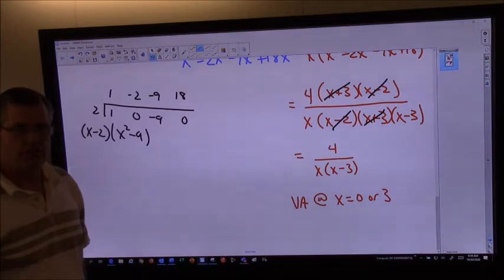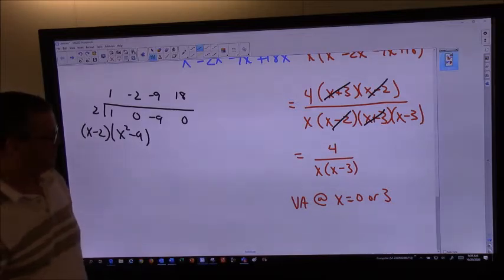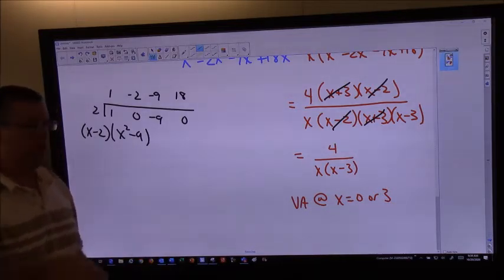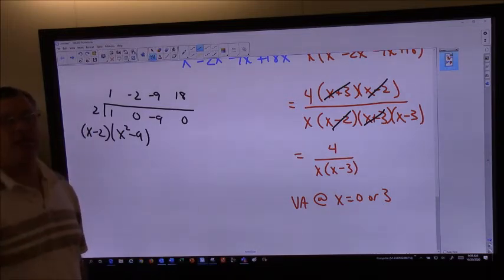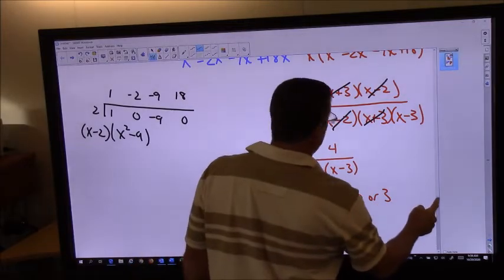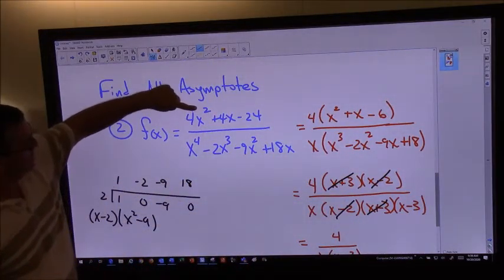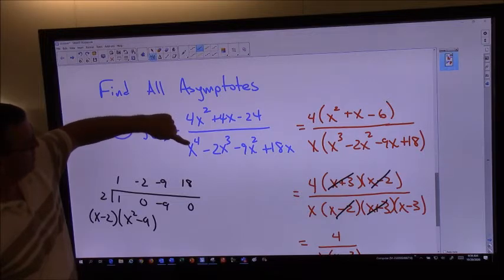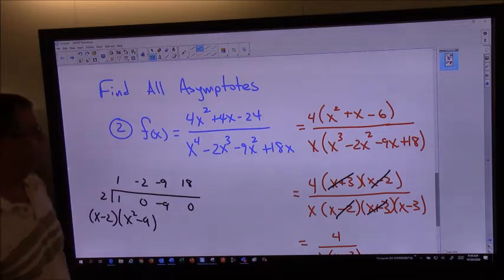Now, this question said, find the asymptotes. I'm just going to assume that means all of them. So there's the vertical ones. What about horizontal asymptotes? We've got to think back to what we learned last year. Horizontal asymptotes: if the exponent in the numerator is less than the exponent in the denominator, then it's automatically at y equals 0. It's right on the x-axis.